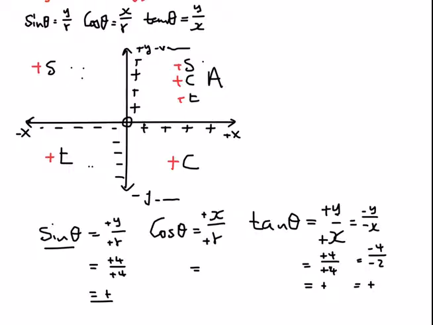It is very important that you realize that this thing, they end up calling it the CAST diagram. Why the CAST diagram? It is just to make it easier to remember. Otherwise, your teacher may say A for all, S for singers, T for take, C for cough sweets.